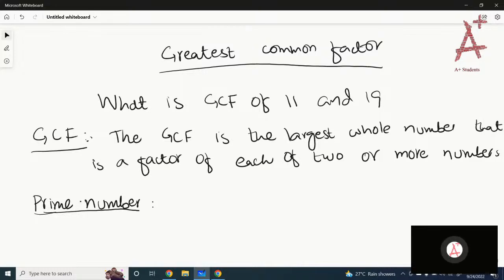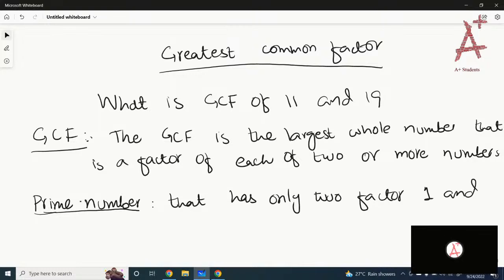Which two factors? One and the number itself. Got it? So a prime number has only two factors, one and the number itself. So you have to write the prime factorization of each number.